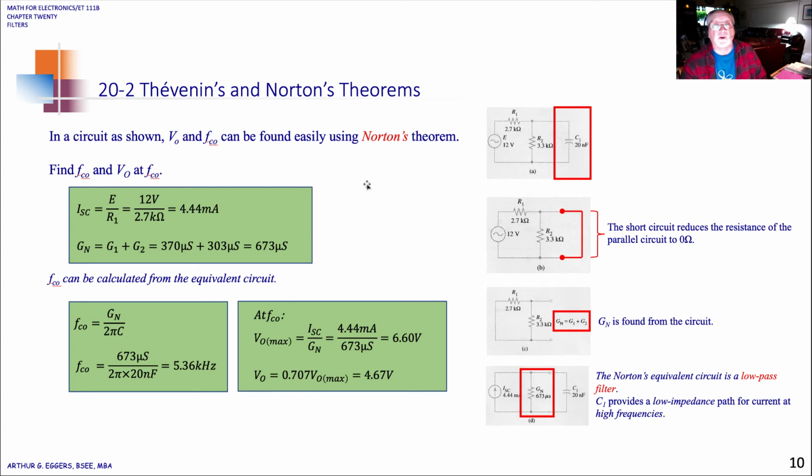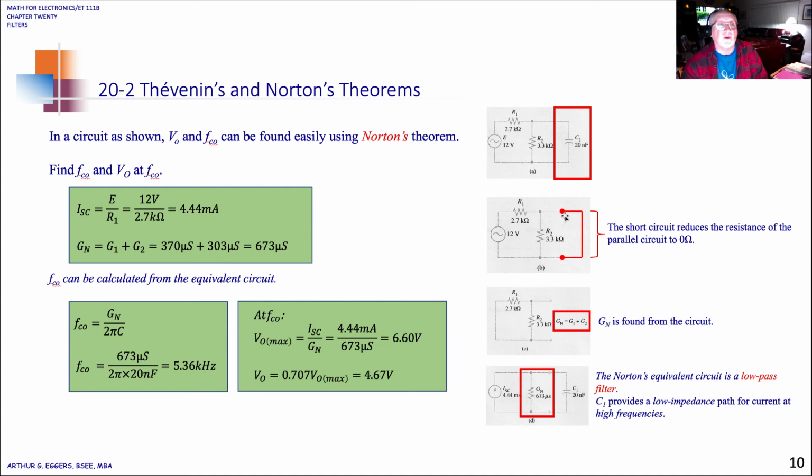In this case, we're going to use the conductance equivalence, and the idea here is we're using those reciprocal relations we learned in the previous chapter. We're going to find the cutoff frequency and the output voltage at that cutoff frequency. So I short circuit in this case is equal to E over R1.